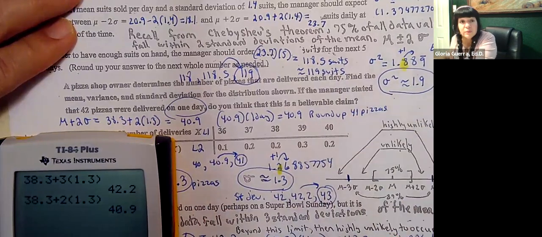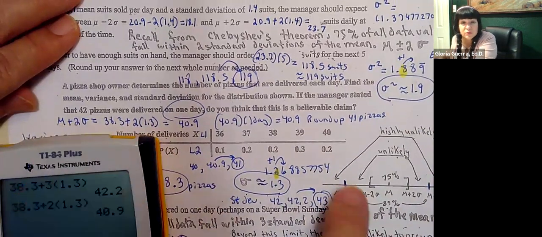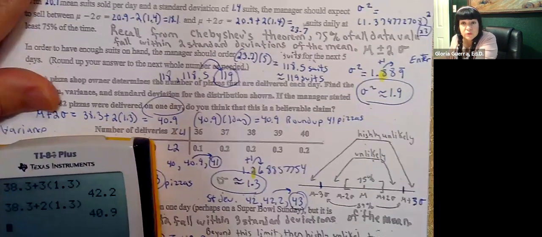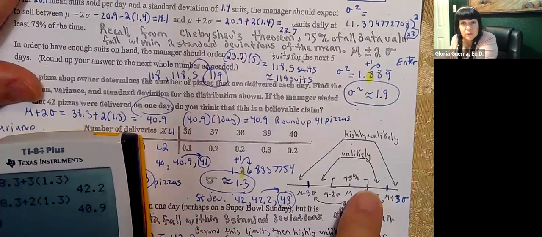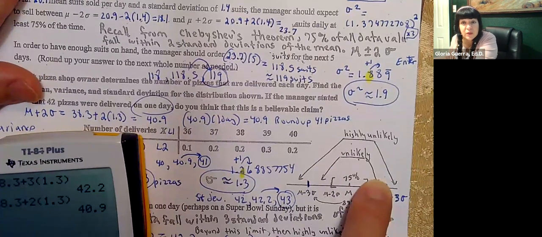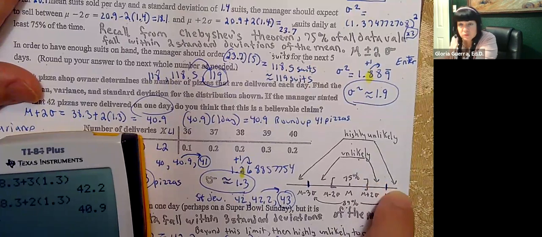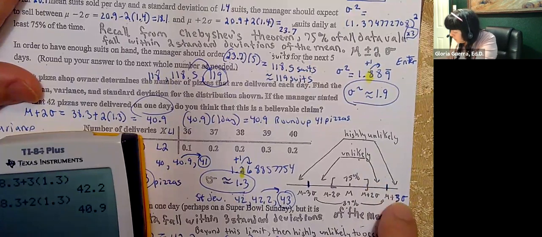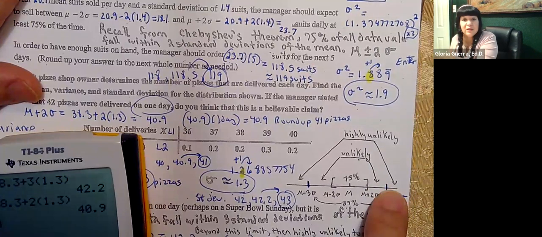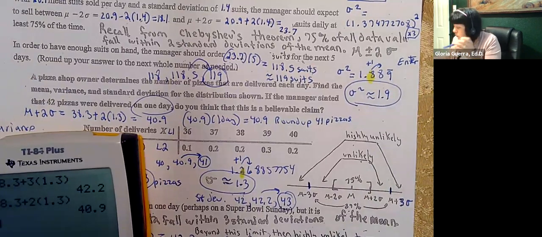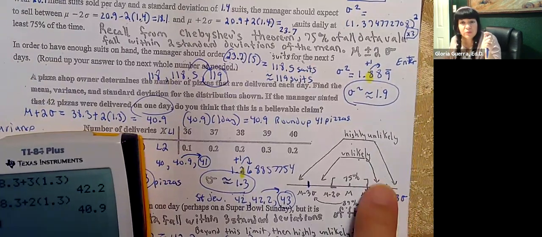Okay, so that was at 2 standard deviations. So you see right here, 2 standard deviations, this is 41 pizzas. So this was 41, and this one down here gave us 43. And then they said 42. So you see 42 pizzas is in this realm.